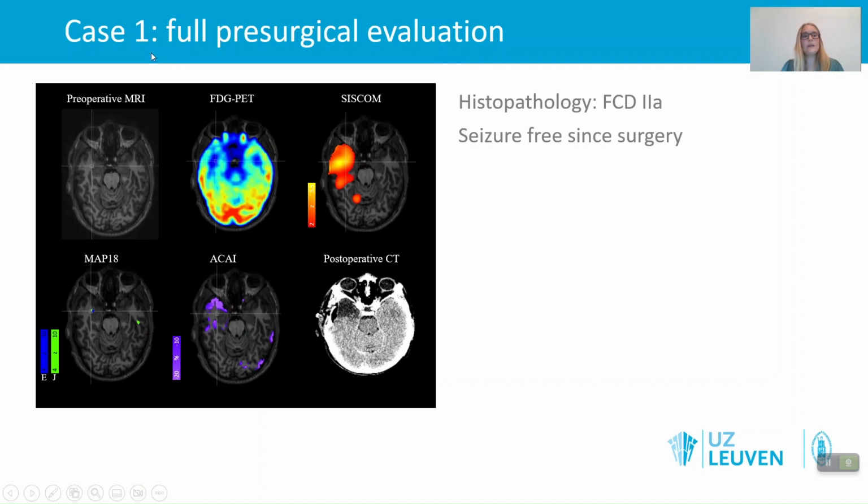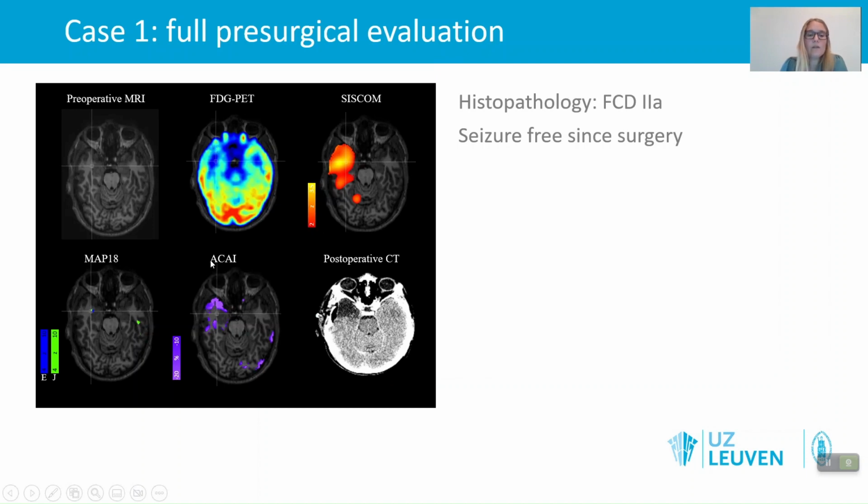So then we combine the results of our SISCOM image, which is shown here, with the full pre-surgical evaluation. We have the preoperative MRI, which had the enlarged amygdala and the gray matter and white matter blurring in the right temporal lobe, which was confirmed by the morphometric analysis program. When we look at the FDG PET, we also see a hypometabolism in this right temporal lobe.